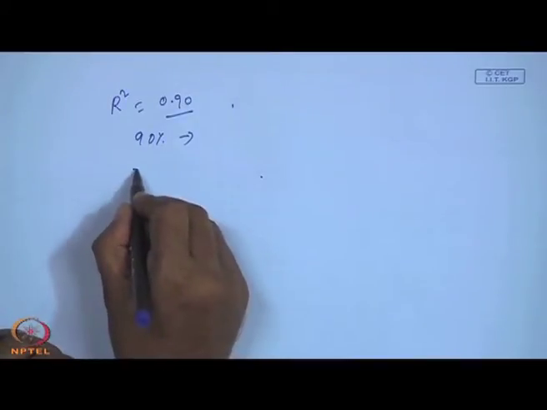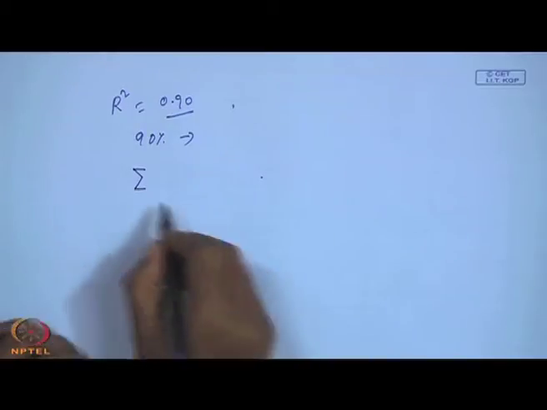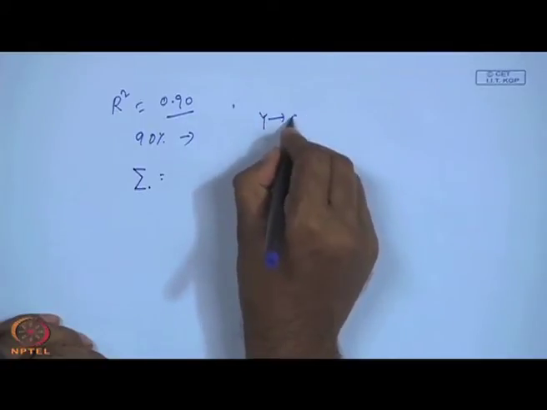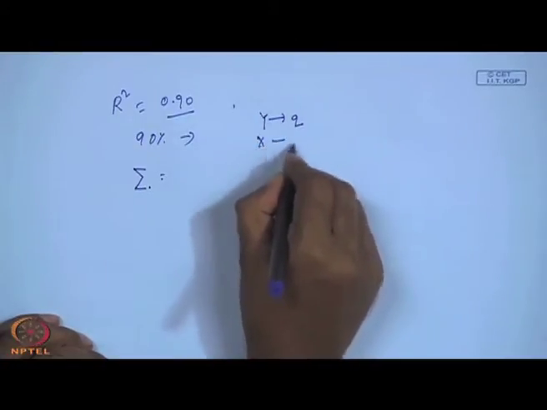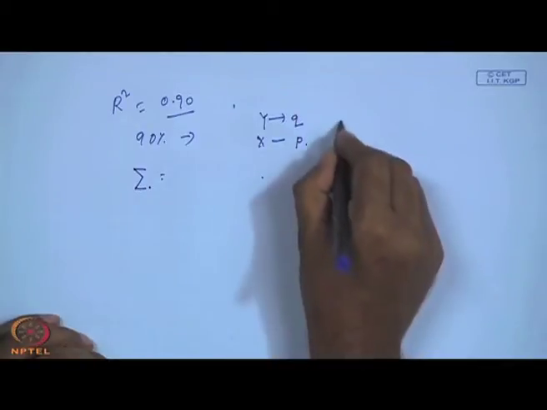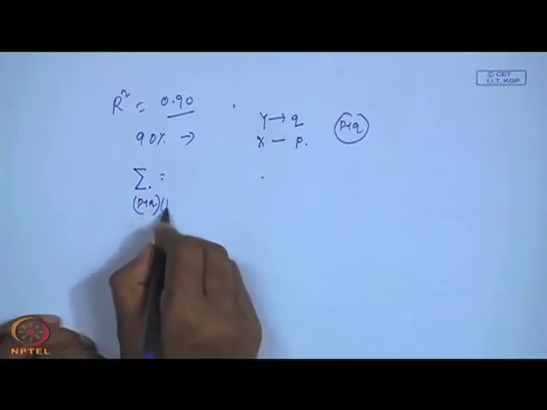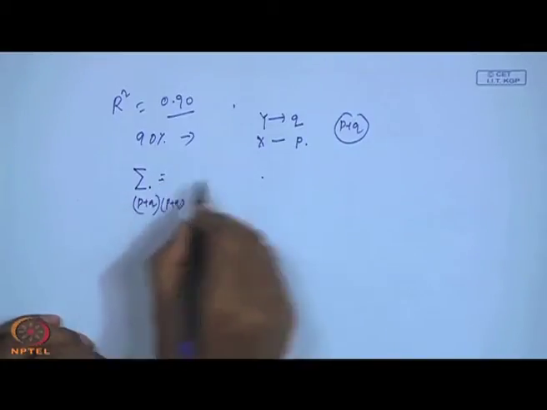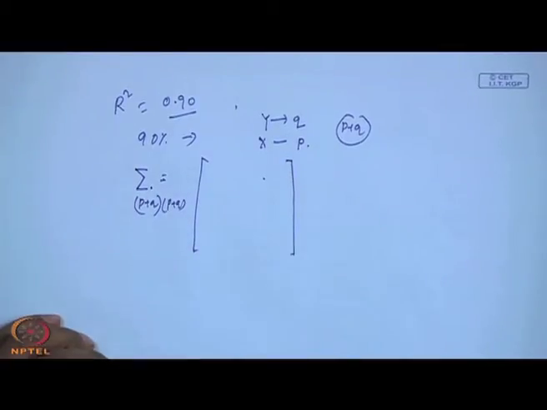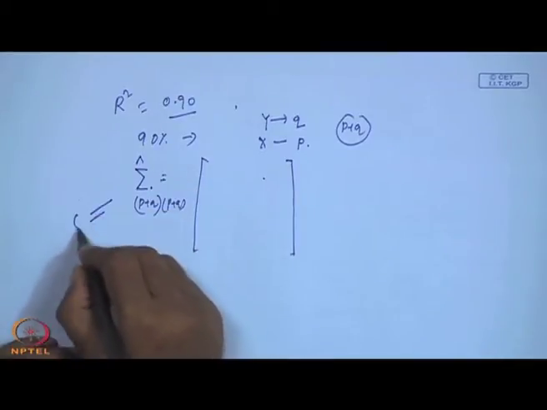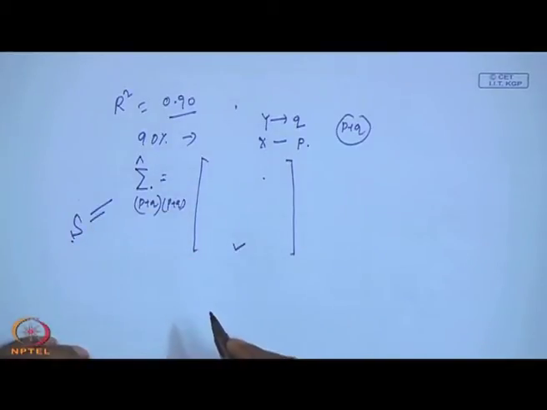Actually, although we will be describing in detail later on the estimation, what is observed with you is this: if I have q observed y variables and p observed x variables, you have total p plus q observed variables. So, you have a covariance matrix of p plus q by p plus q. This is the observed value and this is nothing but S. This is what is your observed.